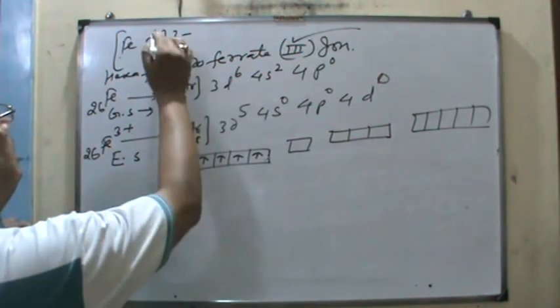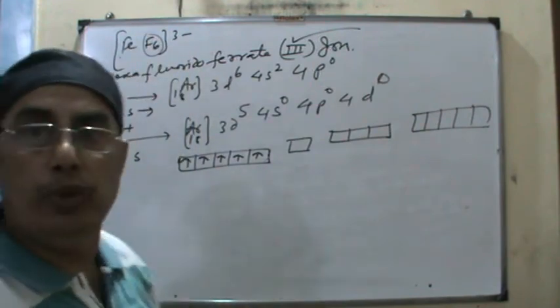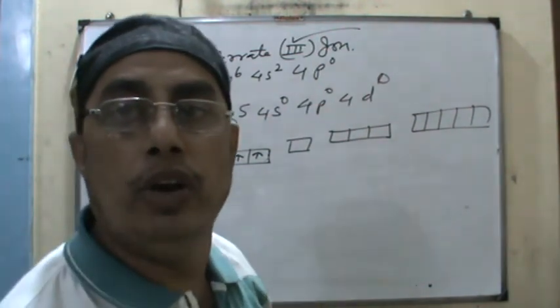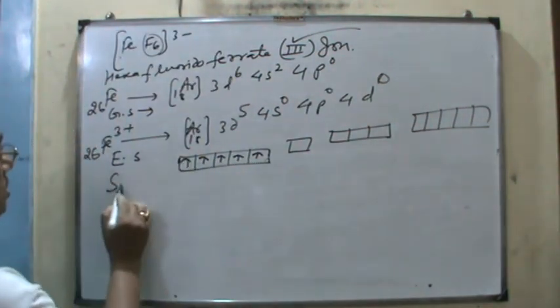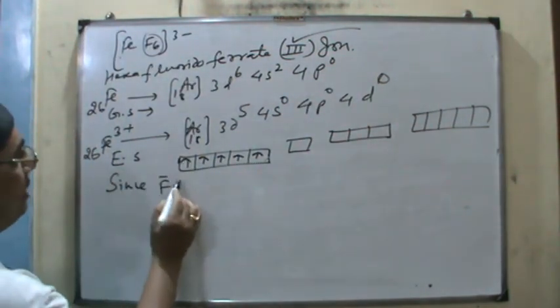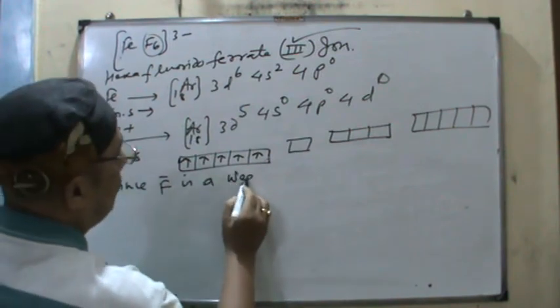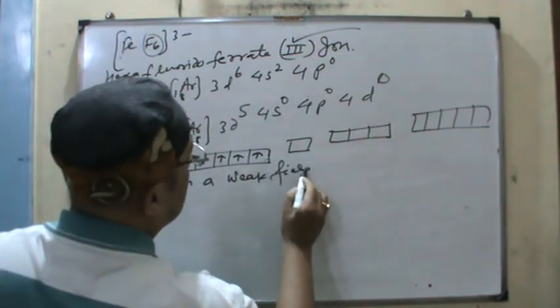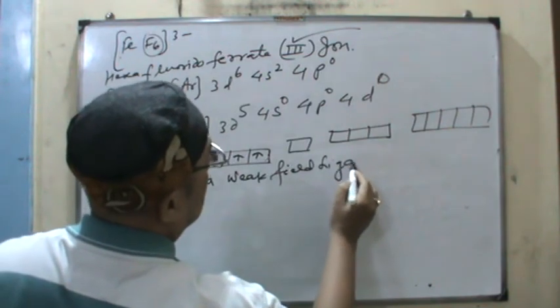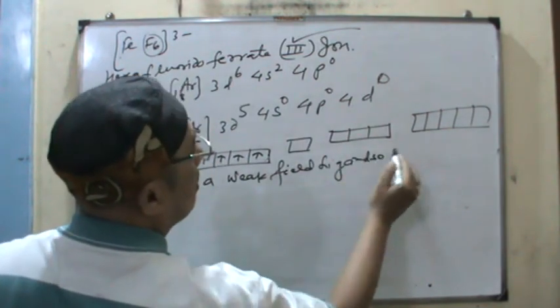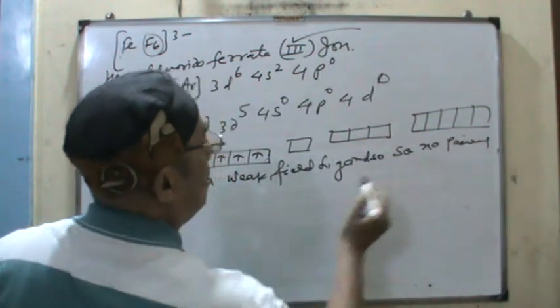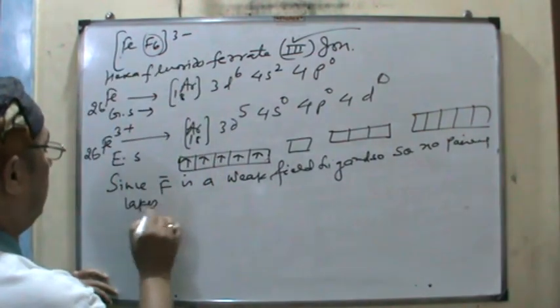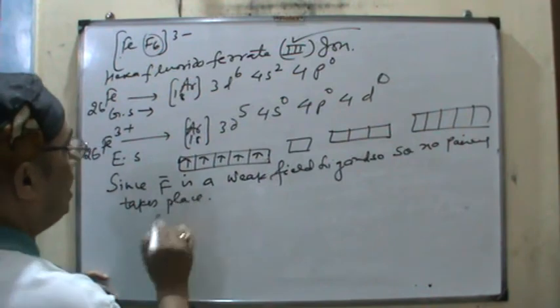Then it is a weak field ligand. So if there is a weak field ligand, no pairing of electrons takes place. Since fluoride is a weak field ligand, no pairing takes place.